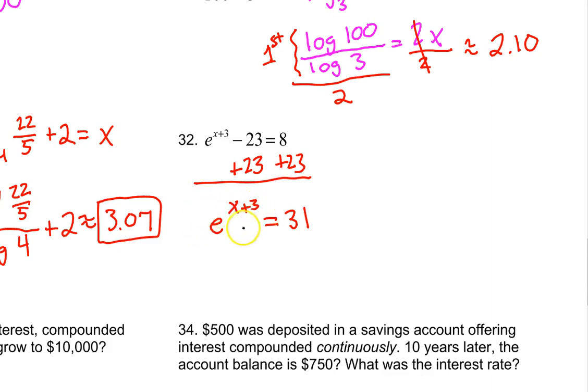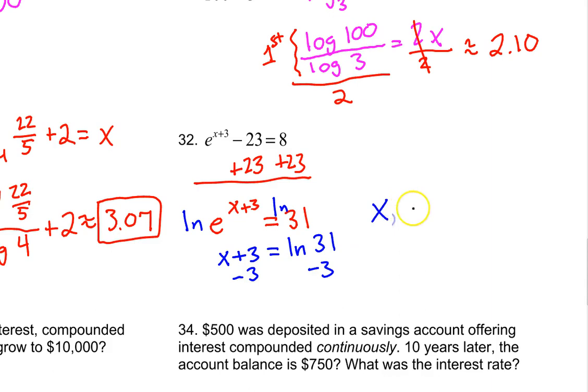And we can rewrite this as, I'll take the natural log of both sides. Natural log and e to some power, so to speak, cancel each other out. We'll have x plus 3 equals natural log of 31, and then just subtract 3 on both sides.